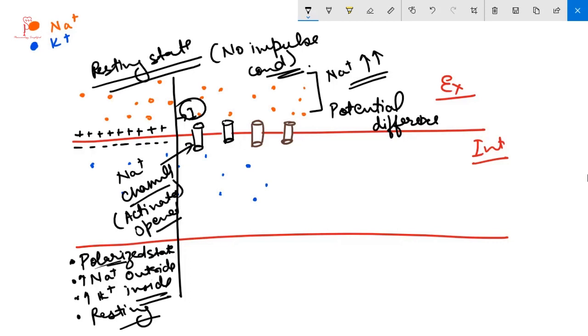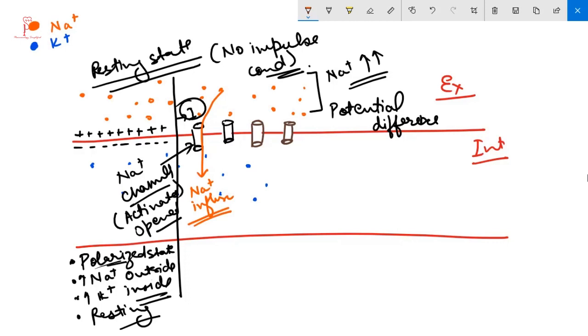As soon as they open, sodium rapidly comes inside the cell. We call it sodium influx. This is very rapid.